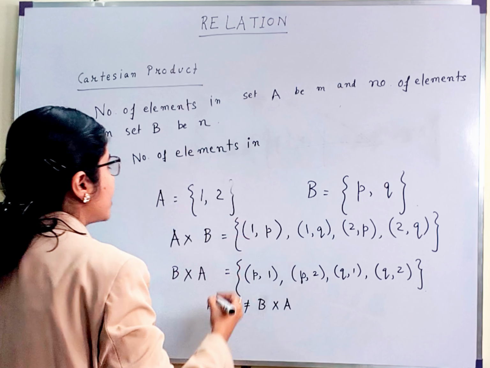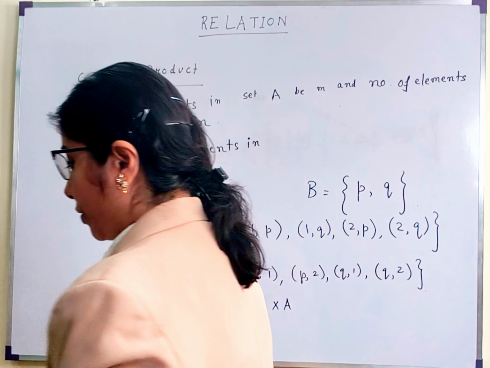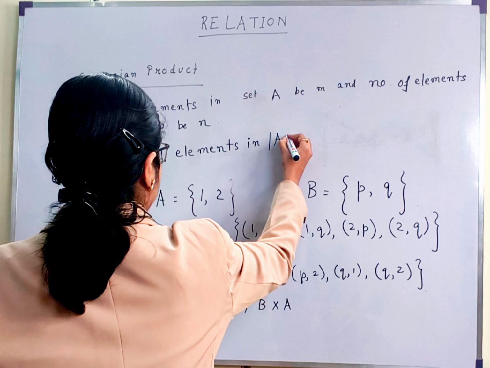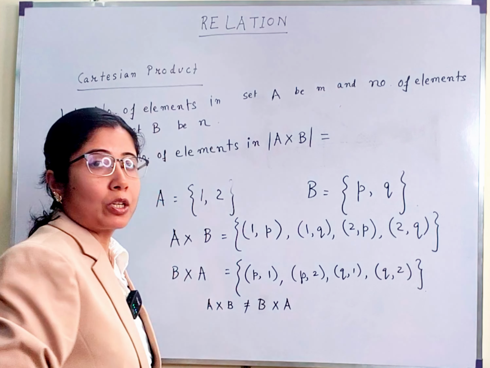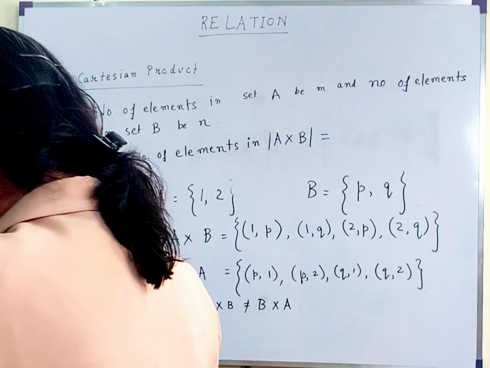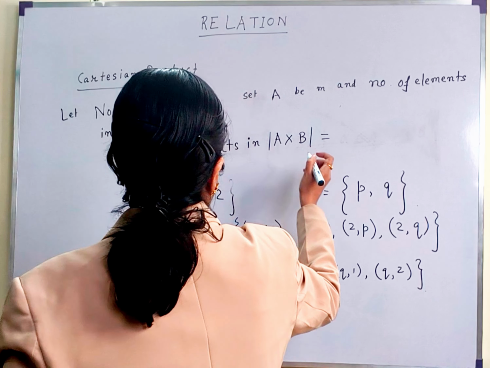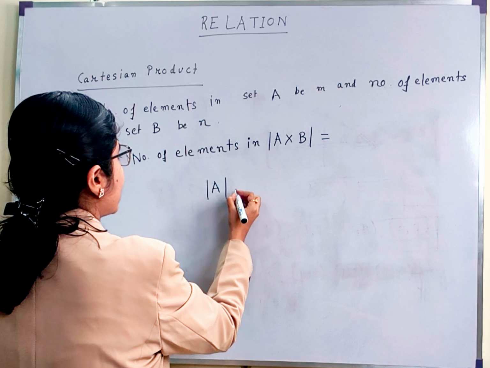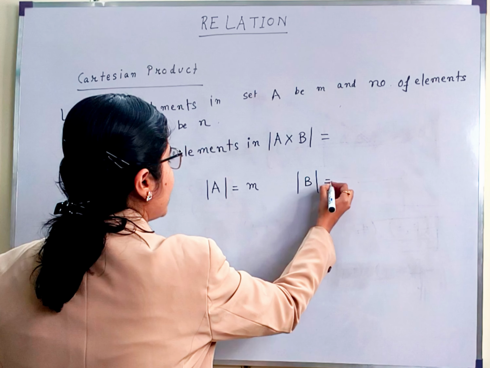The number of elements in the set created by A cross B will be equal to m cross n. That means, if I write it mathematically, the number of elements in set A is equal to m and the number of elements in set B is equal to n.